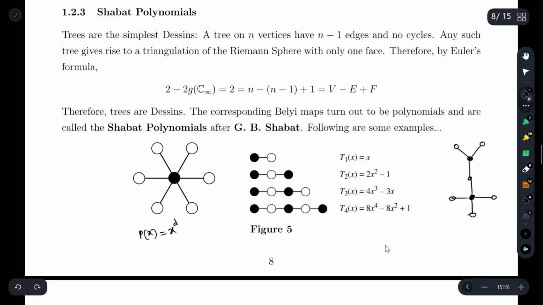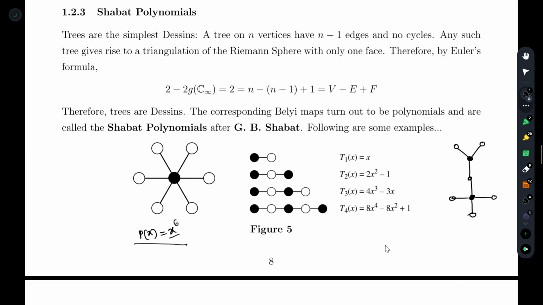The polynomial x to the d, x to the 6. This is ramified at 0 because it has only one preimage of 0, but its degree is 6. This is a degree 6 map. So I suppose you can write down all Shabat polynomials.